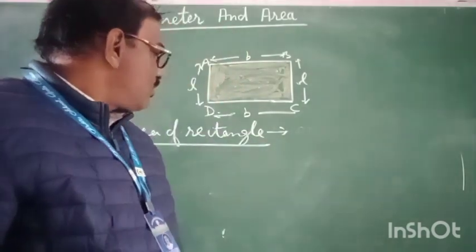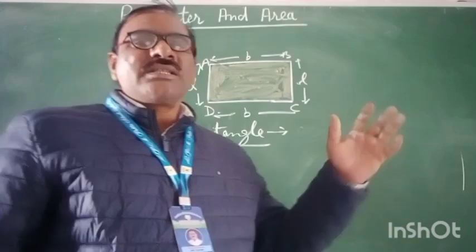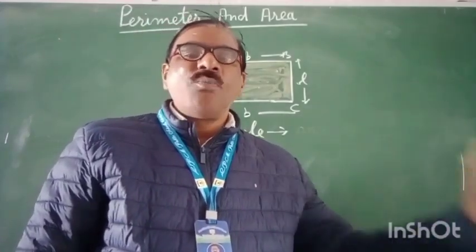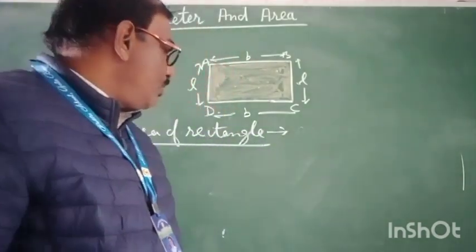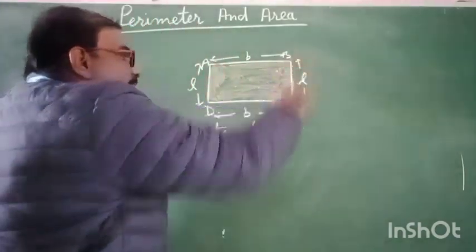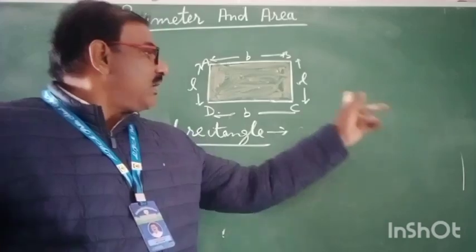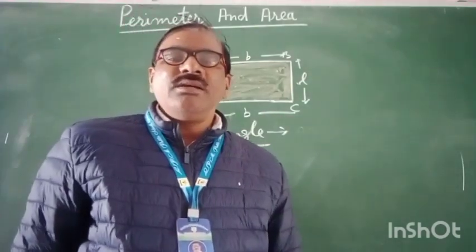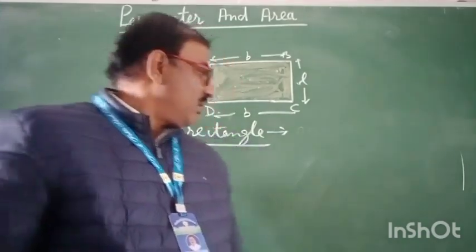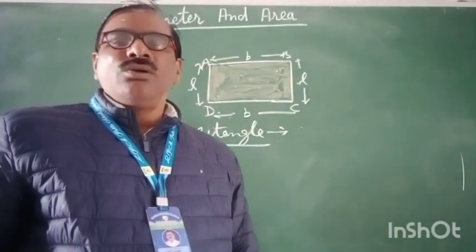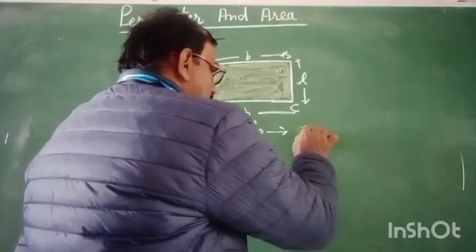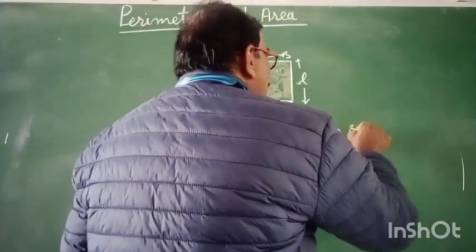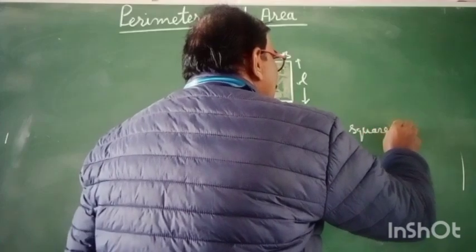So how do I find out the total space occupied by the rectangle? Here the length of the rectangle is L and the breadth is B. So the area of the rectangle will be L into B square unit.